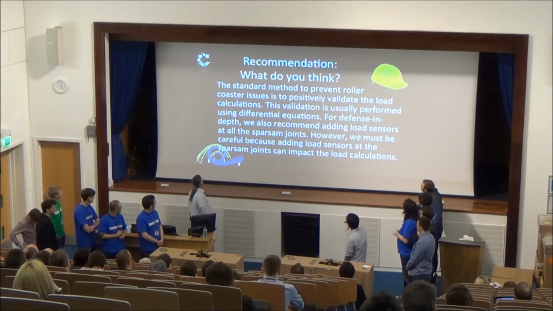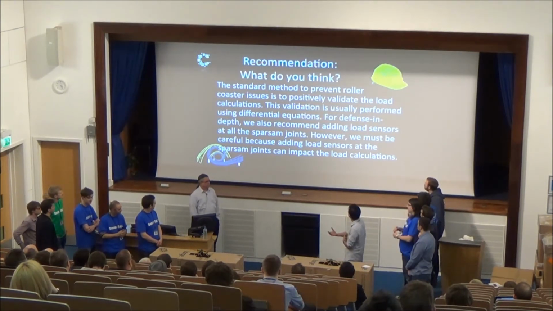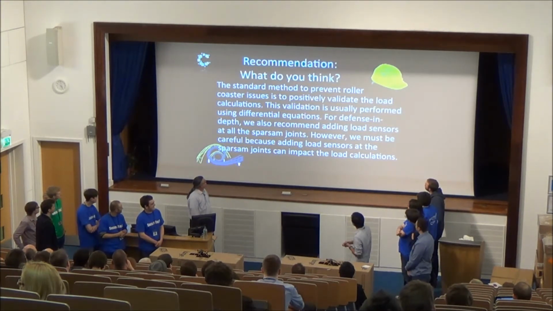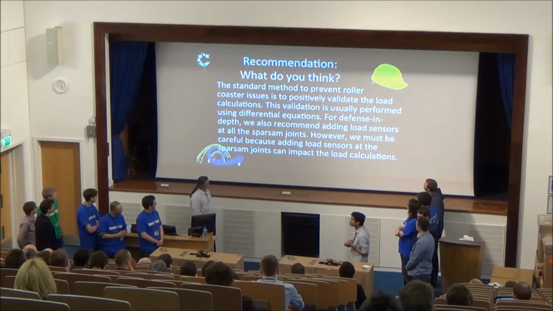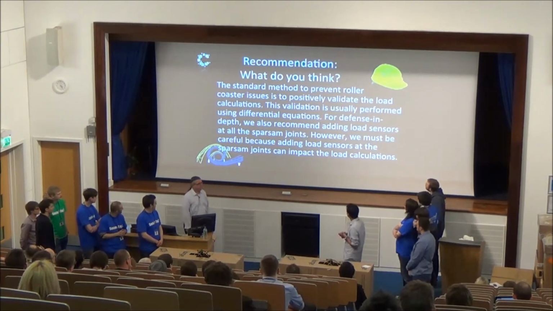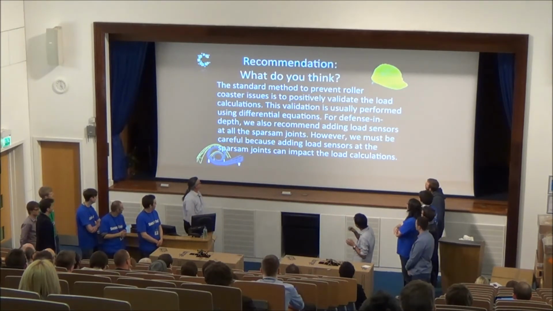The recommendation they gave to try and fix this, apart from the general speculation initially, was that the standard method to prevent roller coaster issues is to positively validate load calculations. The only way to do this, of course, is using differential equations. For defense in depth, we also want to add some load sensors to all the sparson joints.